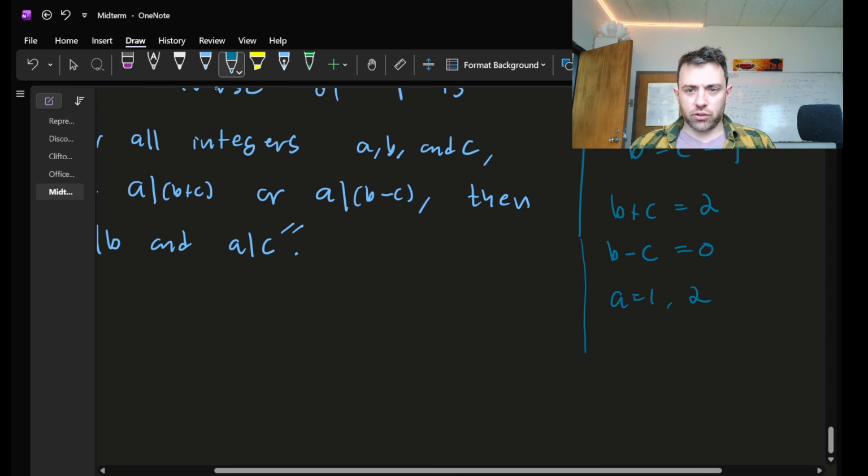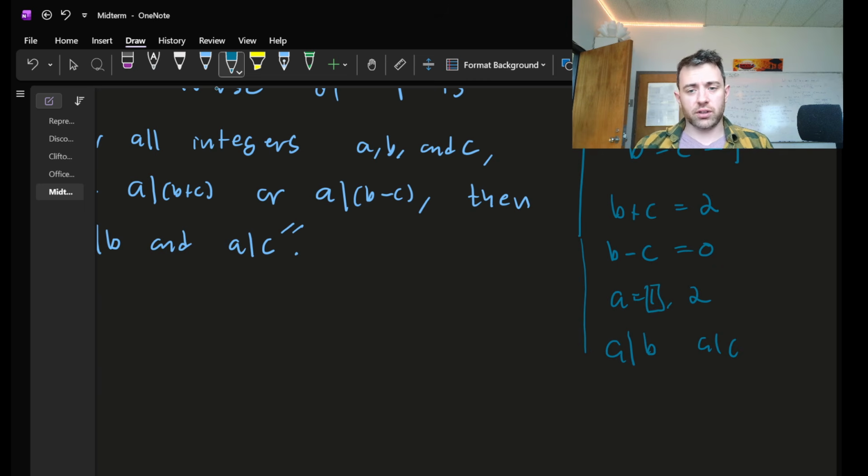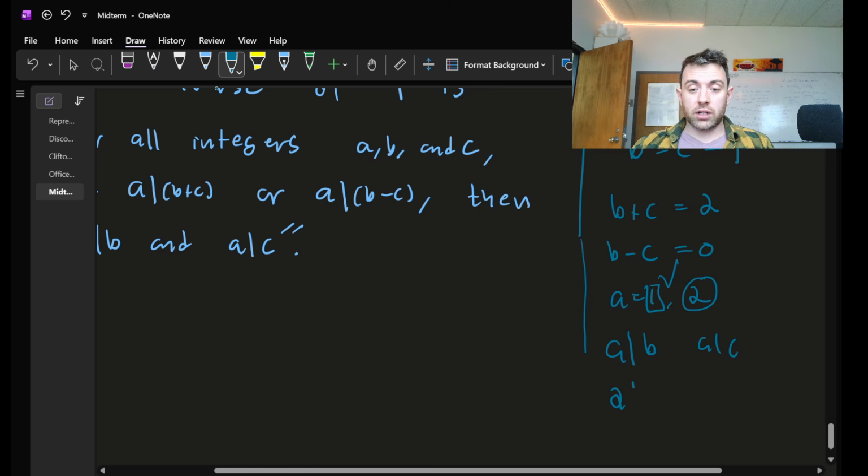And let's ask ourselves, is it true that A divides B and A divides C in both these cases? Well, certainly if A is 1, yeah, 1 divides everything. So it seems to work. If A is 2, now we've got a problem, right? That would be the statement 2 divides 1 and the statement 2 divides 1.